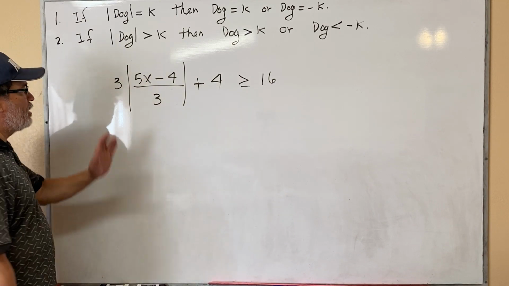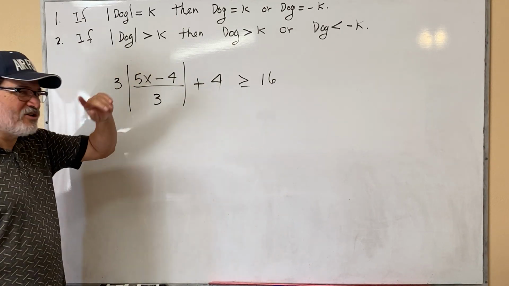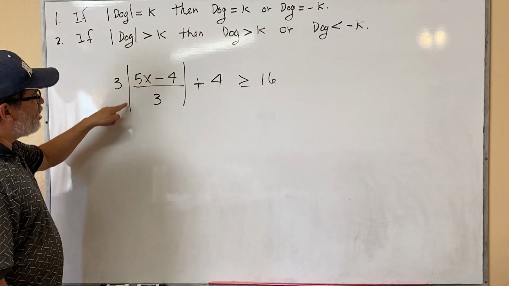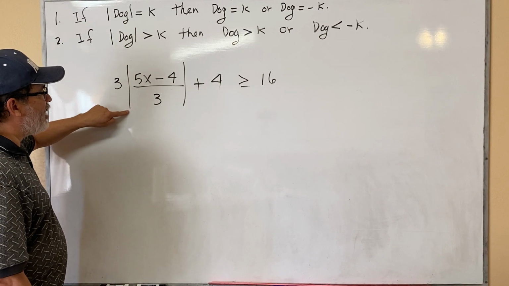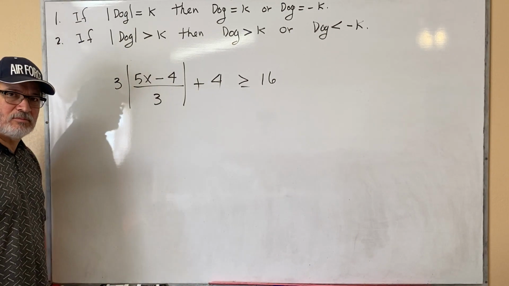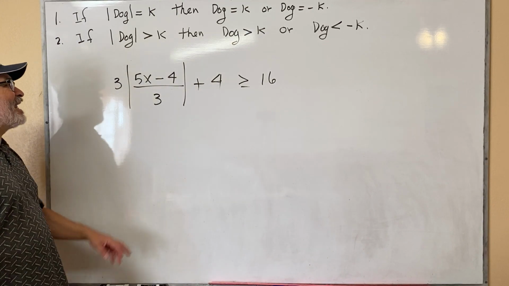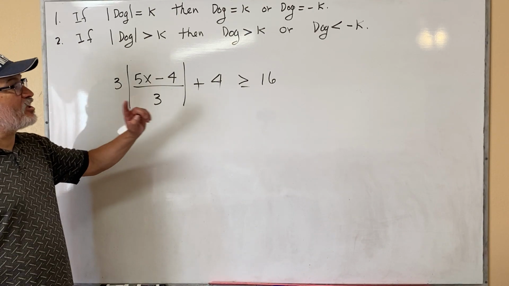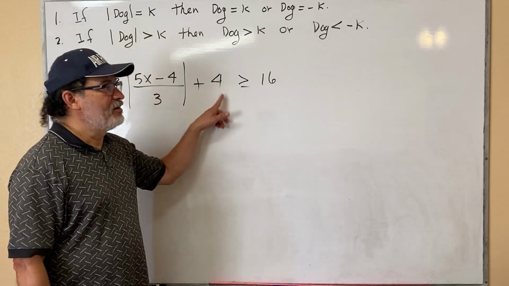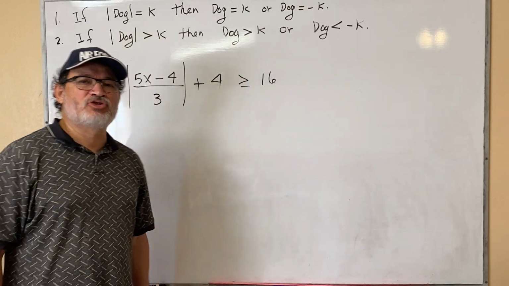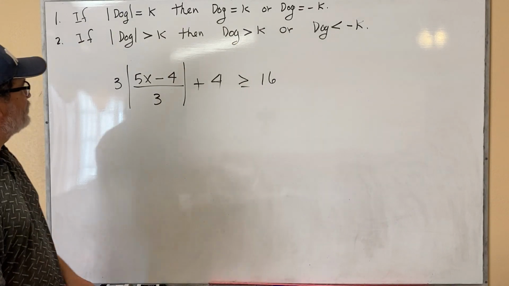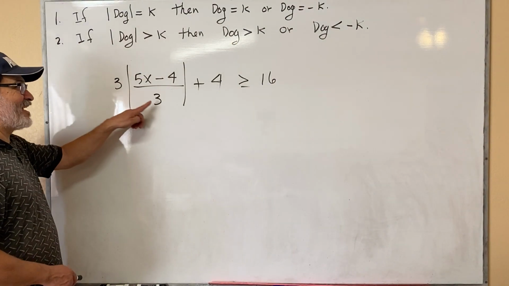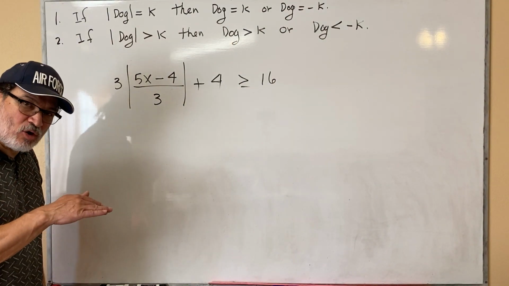Don't do it, okay? Don't distribute. Never do that. These are not parentheses. They are absolute values. Instead, you can get rid of this 3. But first, let's get rid of this 4. How do you get rid of the 4? Subtract 4 from both sides. Okay? This 3 and that 3 cannot be canceled.